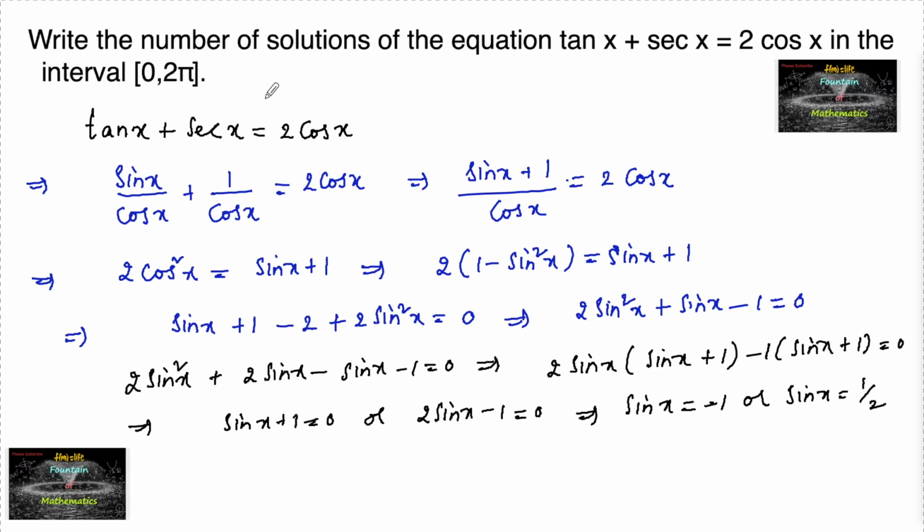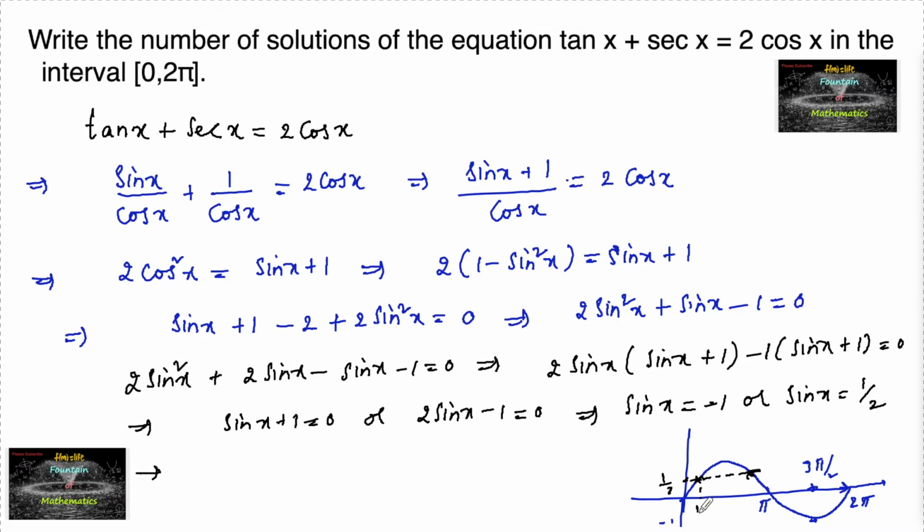Since it is given in the interval 0 to 2 pi, if you see the graph also, graph of sine 0 to pi and again pi to 2 pi, we can see that the sine value is minus 1 here, for the value of 3 pi by 2, and sin x is equal to half, we can obtain for two values here.